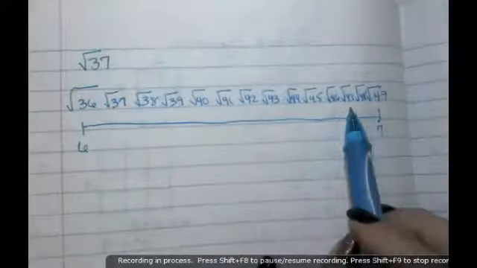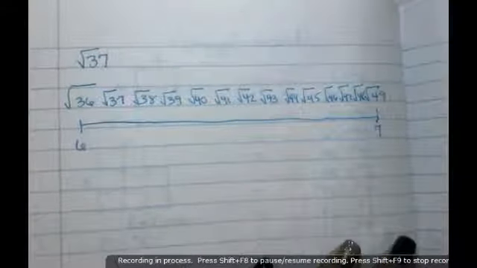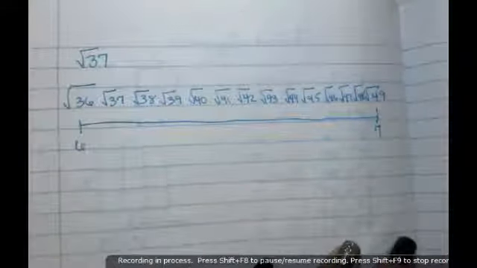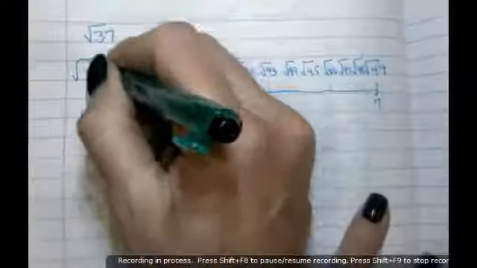See, kind of ran out of room again. It happens. Eventually, you won't need the number line. It's just nice as you're starting out to have this visual. So I can see that the square root of 37 is right here.